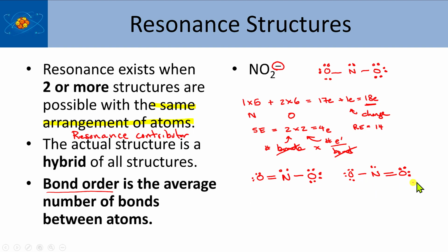But since I could draw the nitrite ion two different ways, right, it's the same structure but a different arrangement of the electrons, these are resonance structures. And the minimum number of resonance structures you can have is 2, because if it doesn't have a resonance structure, it's a single structure without resonance. Anyways, kind of weird to say that.